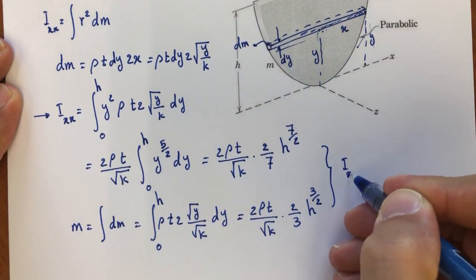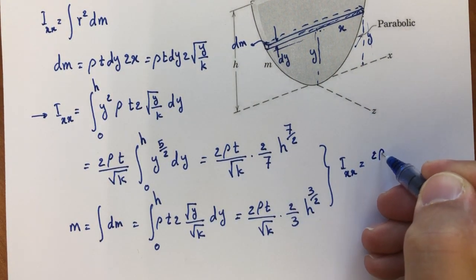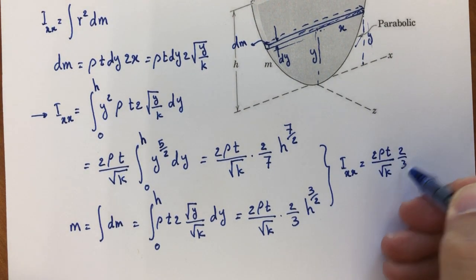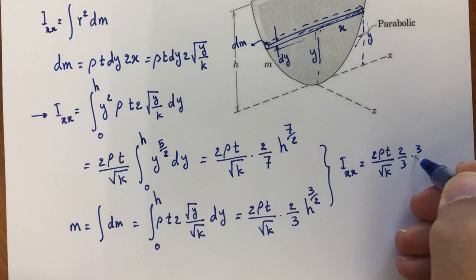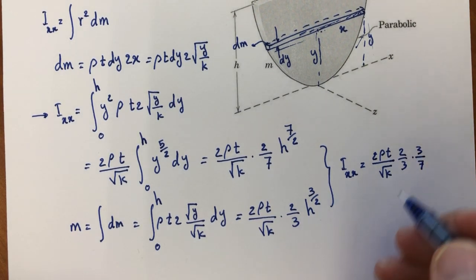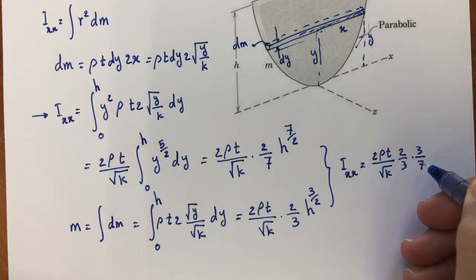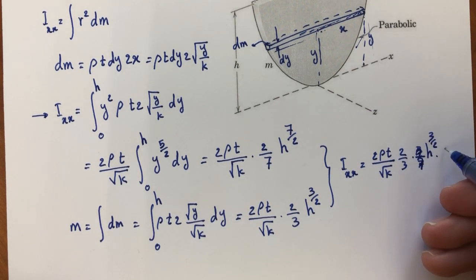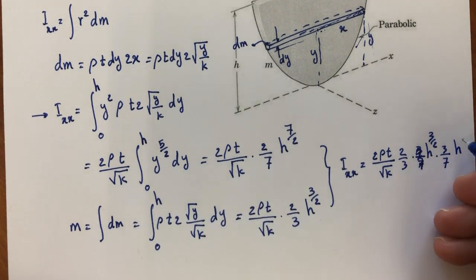You can separate similar terms here and replace them with mass. So Ixx is going to be equal to, separating similar terms, 2 rho t over square root of k times 2/3 times h to the power of 3 over 2, then 3 over 7 times h to the power of, if you subtract 3 over 2 from 7 over 2, it's going to be 2.